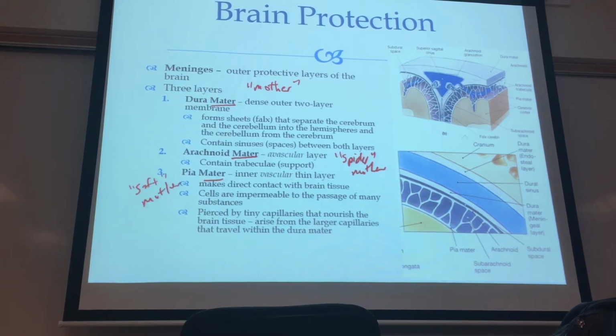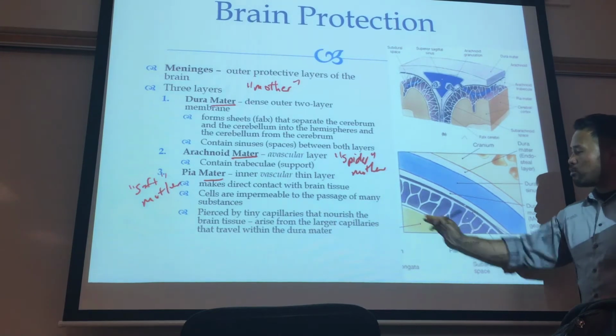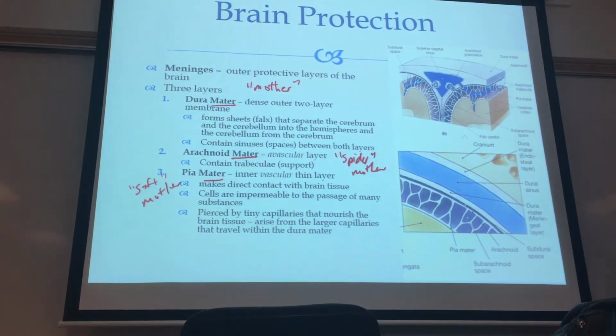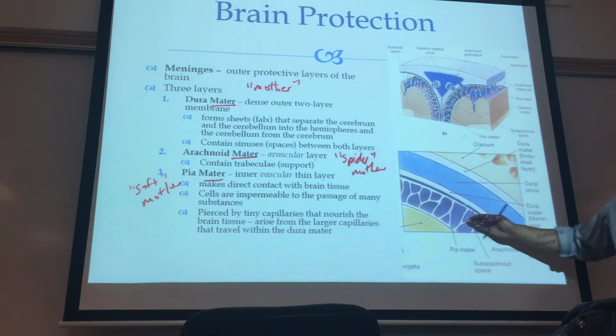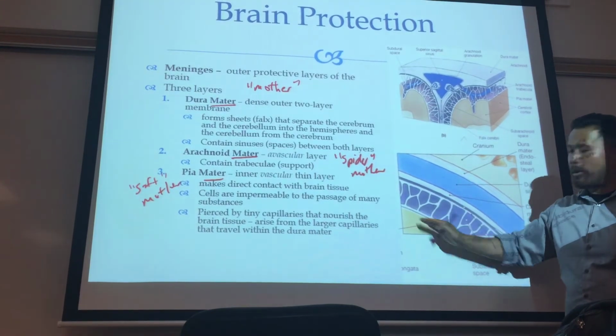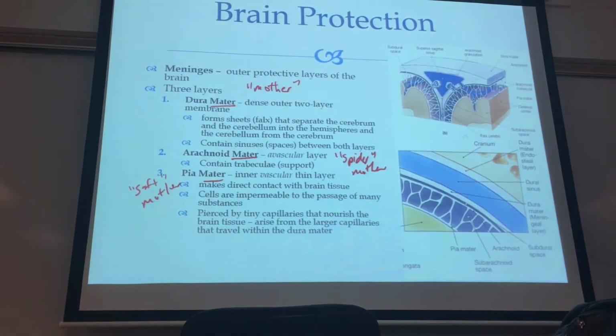This soft layer directly touches the actual brain tissue itself. It's going to have all these capillaries that come in and provide nourishment for the neurons right up on that brain.